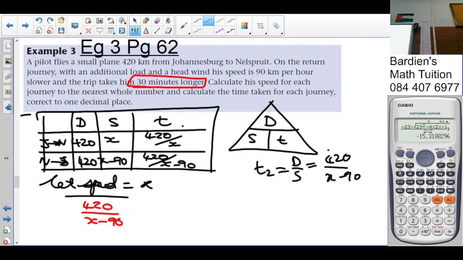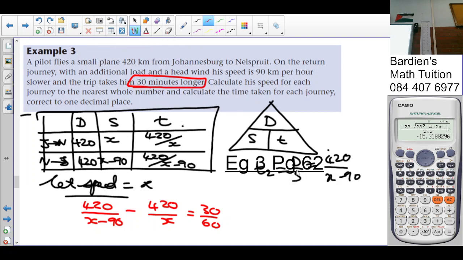Yeah, it's right. Minus 420 over x is equal to 30 minutes longer, it's 30 over 60. Not so. That's how I get off. Okay. From here, it's a matter of solving the equation.